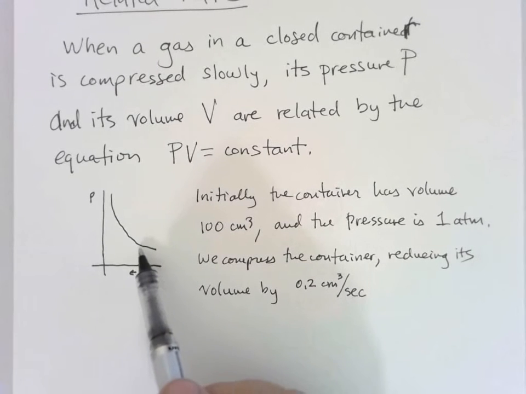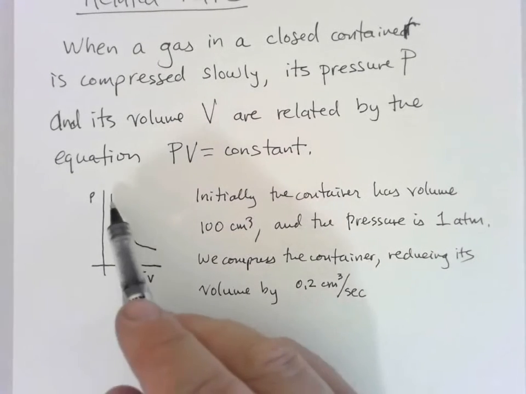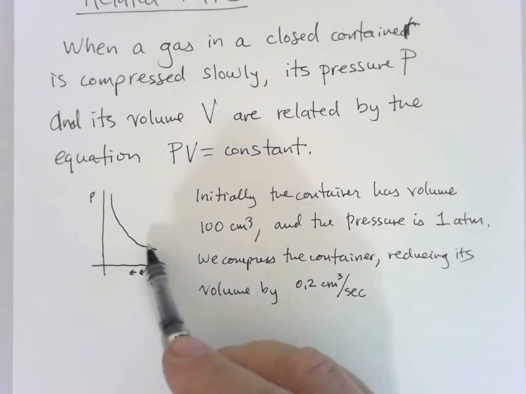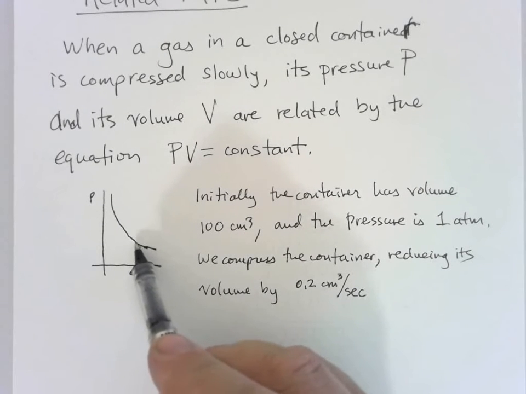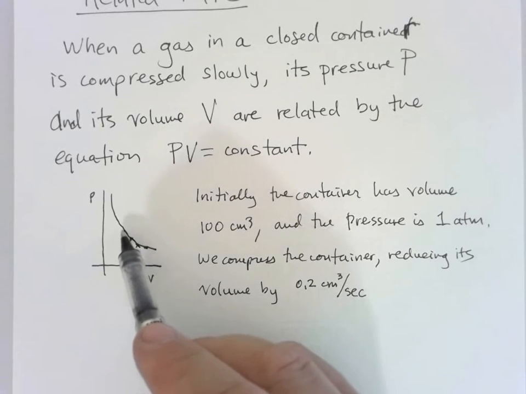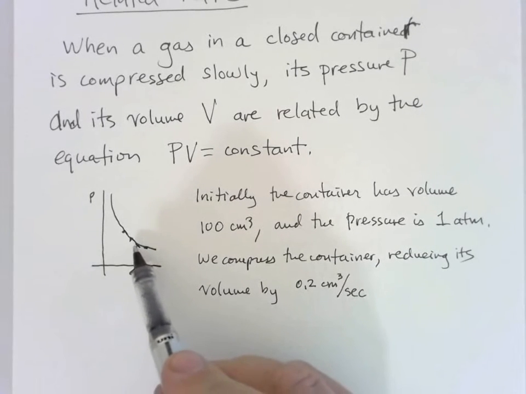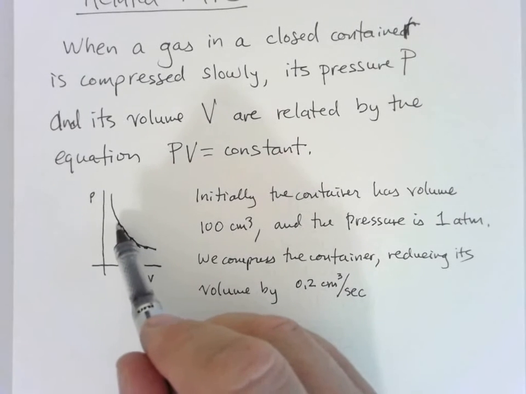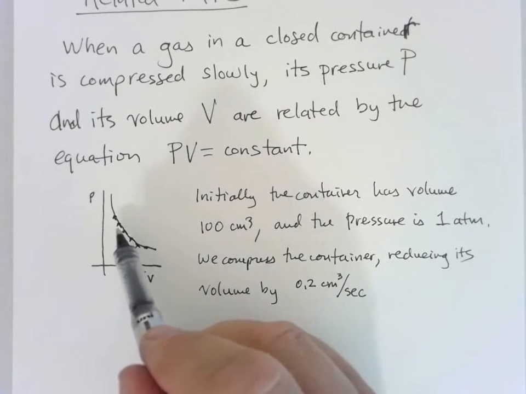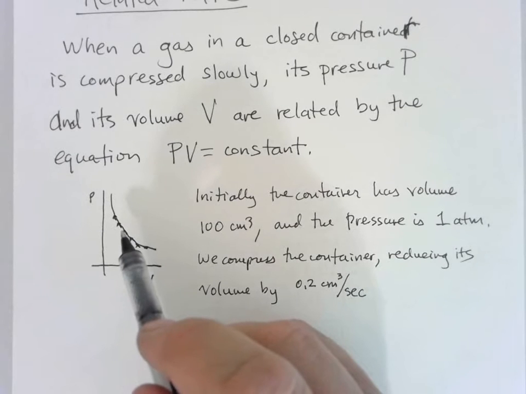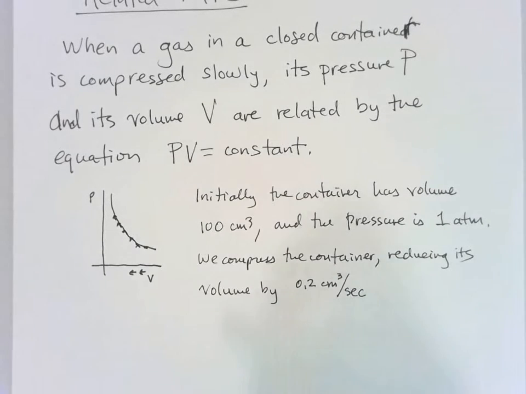But since it has to follow this curve, the relationship between pressure and volume, the pressure is going to have to go up. And we can see if we look at this curve that initially the pressure is not going to increase very quickly, but later on the pressure will increase quite quickly. So I can ask a question.